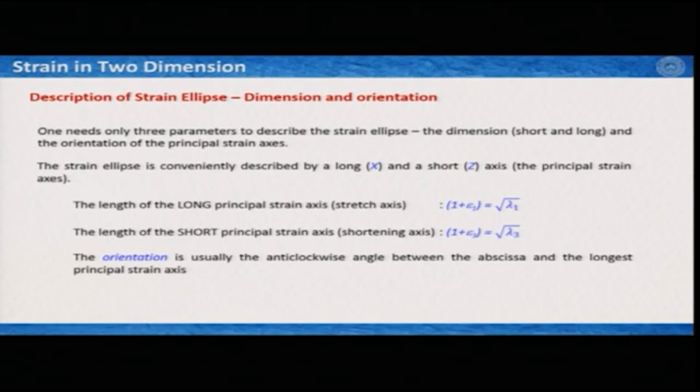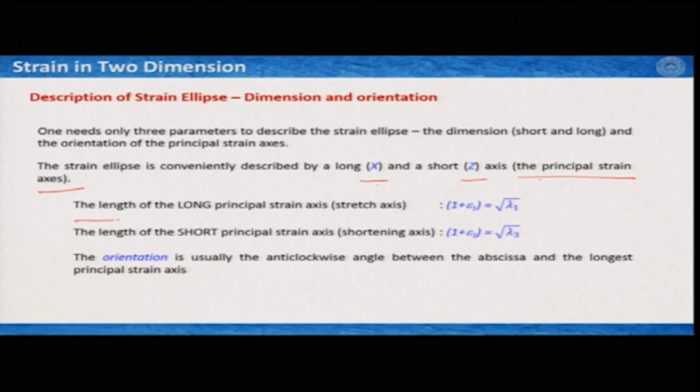In our example, we will use x and z. You can ask where is y. We kept it for 3-dimensional deformation. And we will see later that these x and z directions are actually your principal strain directions.